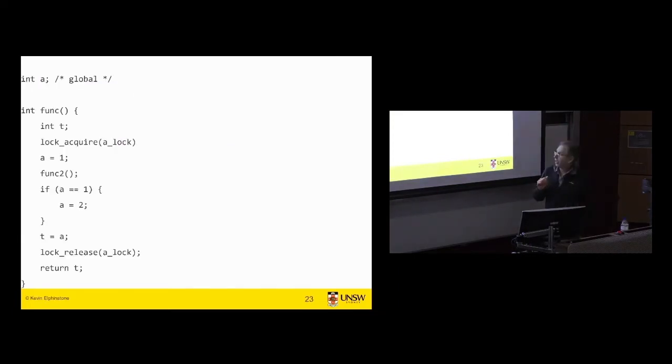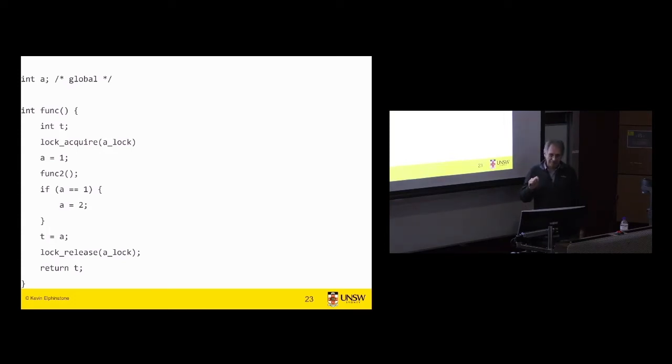So here's our bit of code again. And I'll ask the usual question, what does this function return? 2. There is one assumption here that's pretty implicit, that everyone assumes is true, but I'll make it explicit.